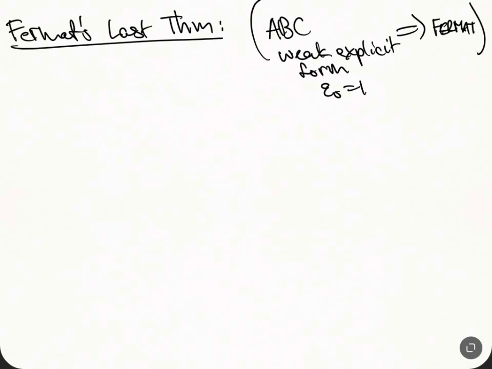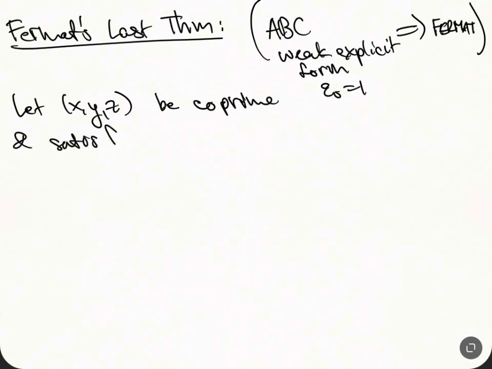So let x, y, and z be coprime and satisfy x to the n plus y to the n is equal to z to the n.